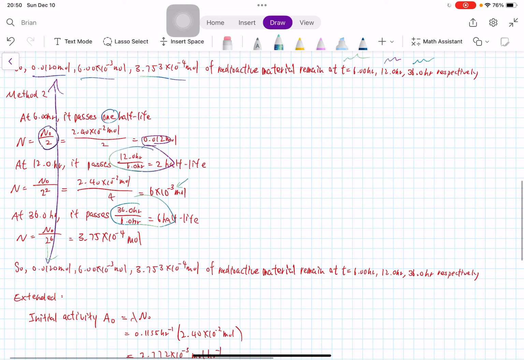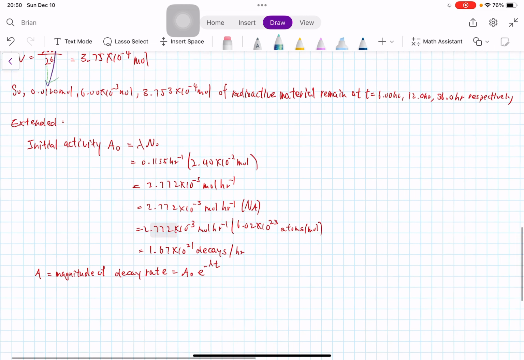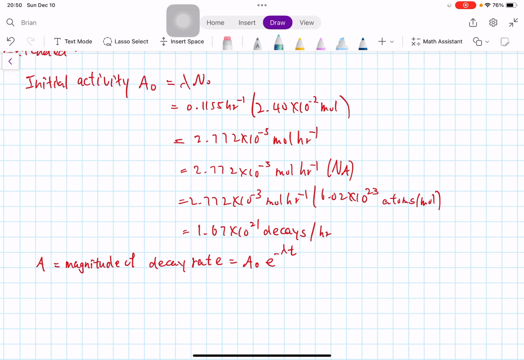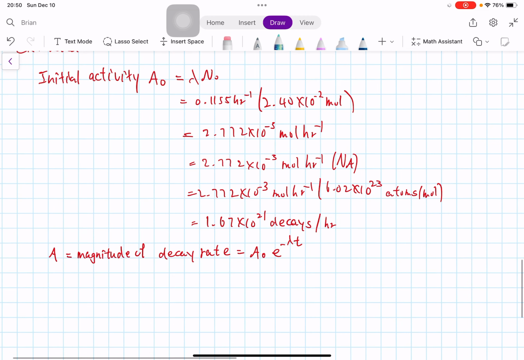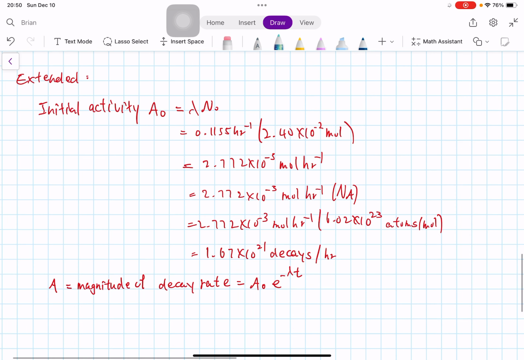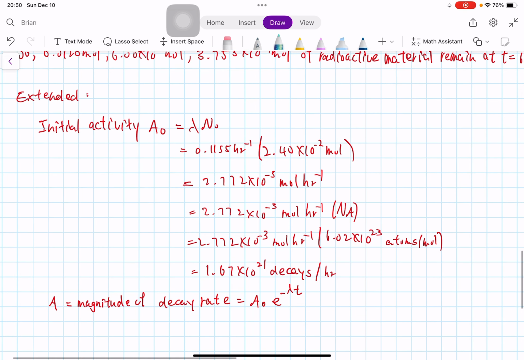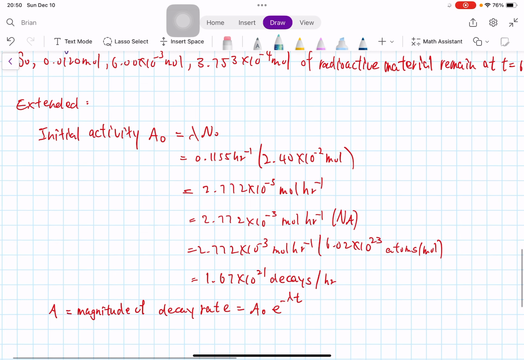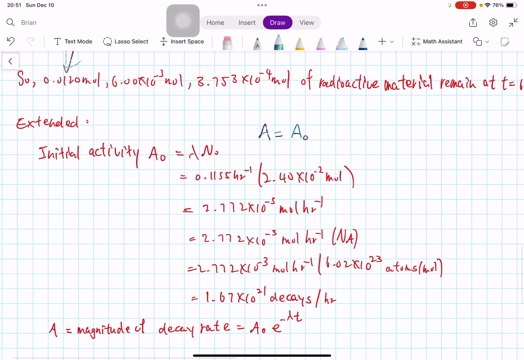For a little bit of extension, I'm going to talk about activity. The activity is a measure of the magnitude of the decay rate, so we're talking about dN over dt. If we relate everything, we have A equals A naught e to the negative lambda t, where A naught is the initial activity.